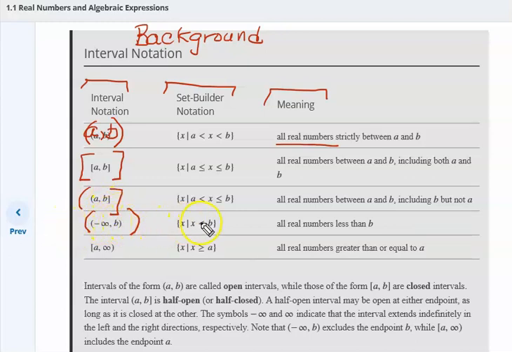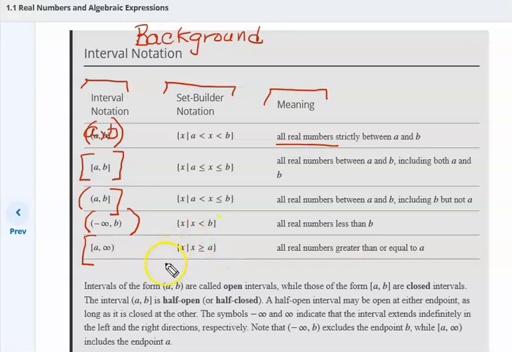Now, in set builder notation this would be indicated by x is such that x is less than b. So there's our b value where it ends, but that b value is not included in the set because of the parenthesis. And we're using the parenthesis to indicate negative infinity. And then here's a case where we're using a bracket where our value for a is included. So x is such that x is greater than or equal to a.